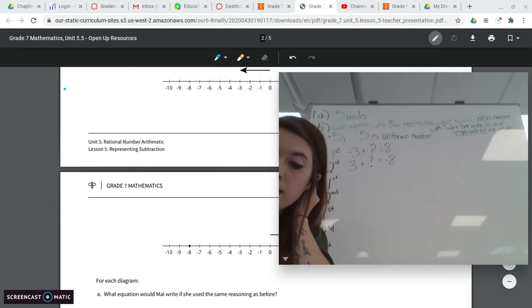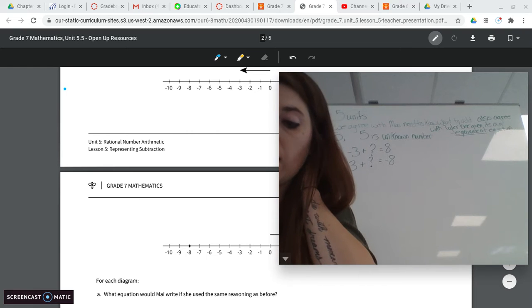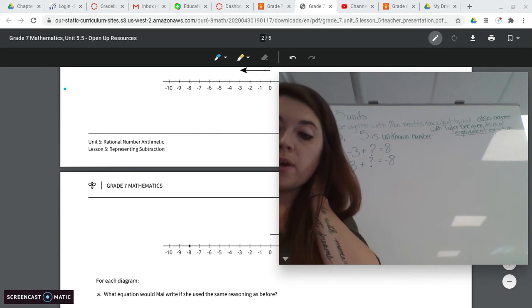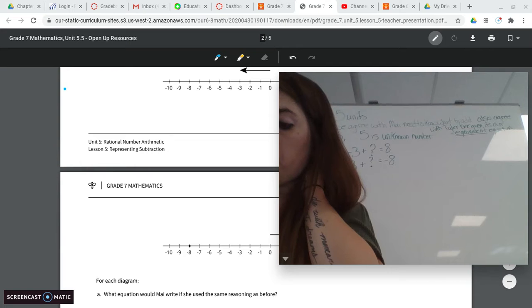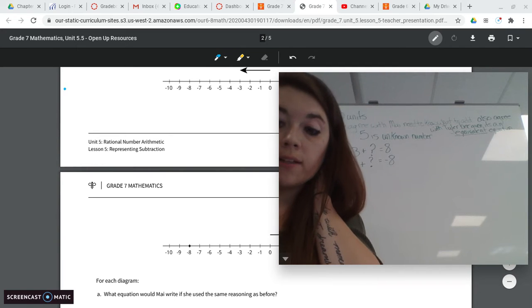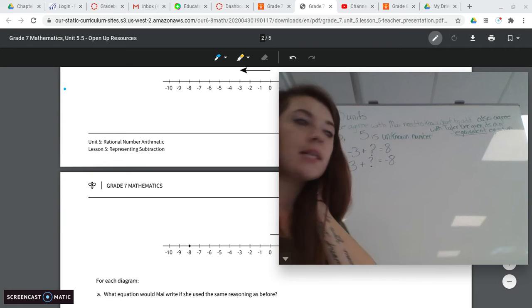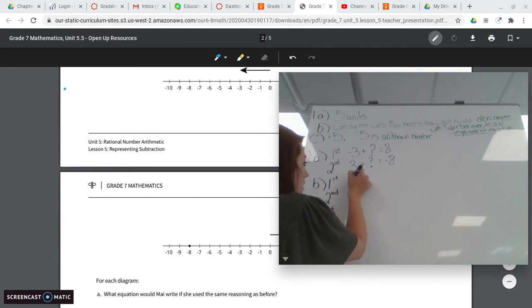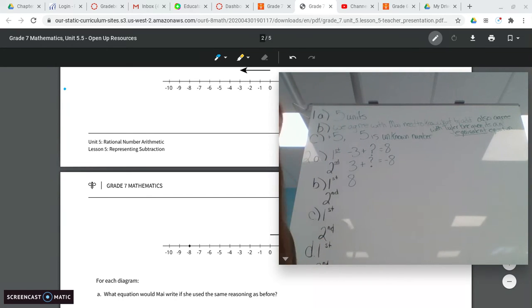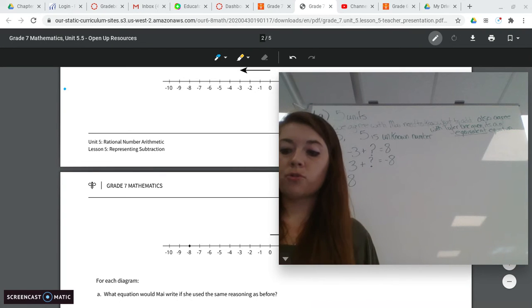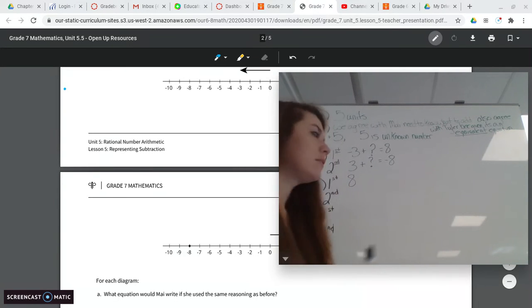Now, part B is asking what equation would Tyler write if he used the same reasoning as before. So for the first one, remember before, he started with the final answer and then subtracted the starting value. So that means he's going to start with the 8 that Mai ended with and then subtract the first number.